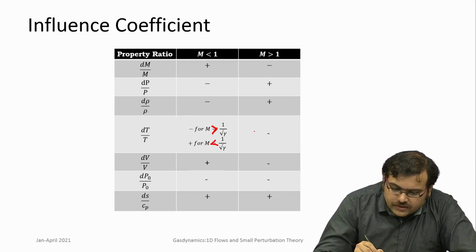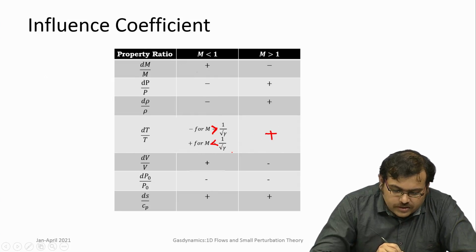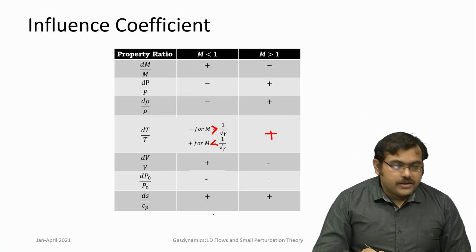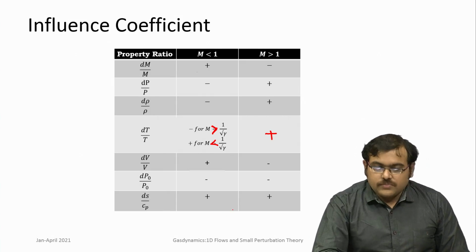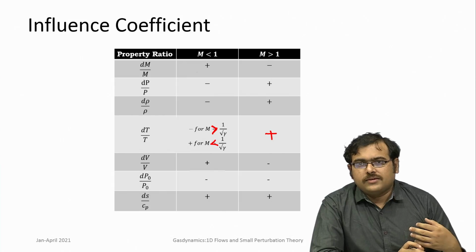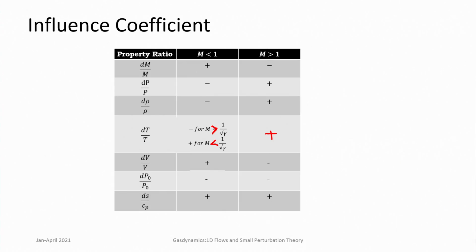But in the case of a supersonic flow, the temperature will always increase. So, it will continuously increase. Pressures will increase, and velocity decreases in a supersonic flow, but increases in a subsonic flow. And entropy always increases when we consider heat addition, and nothing stops us from removing heat. If you remove heat, then all the processes get reversed.